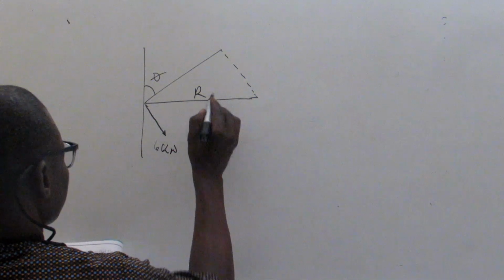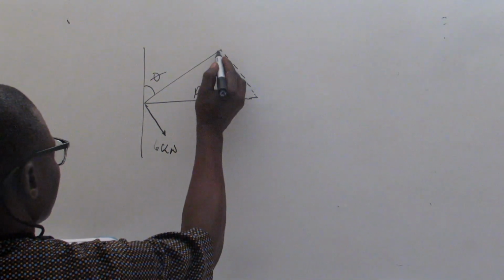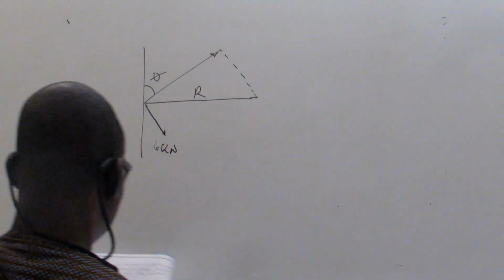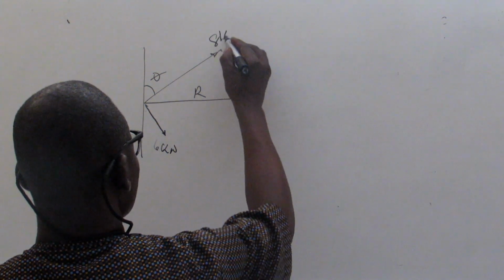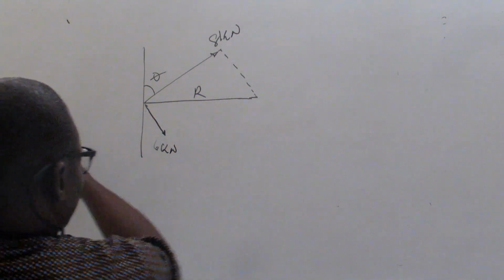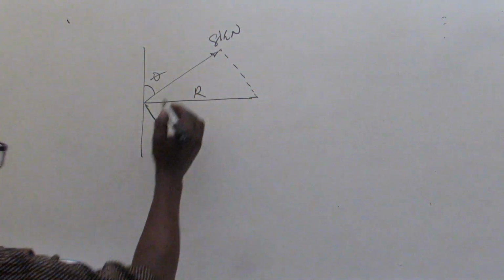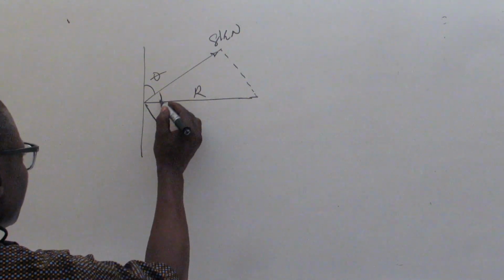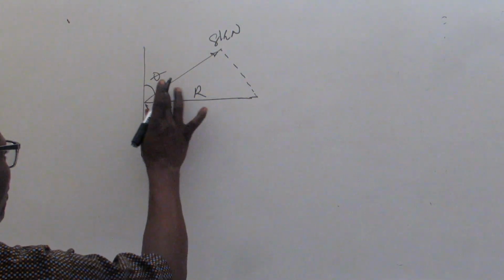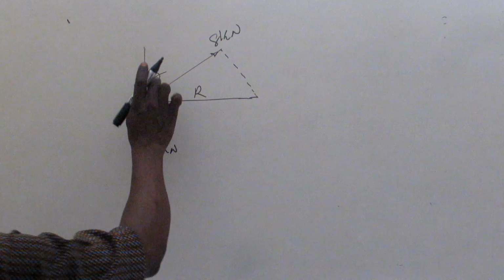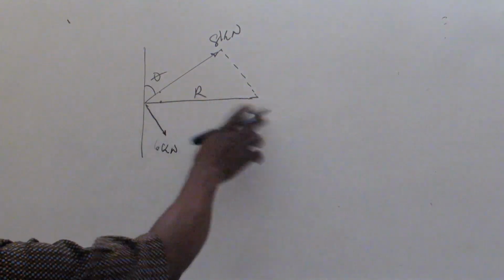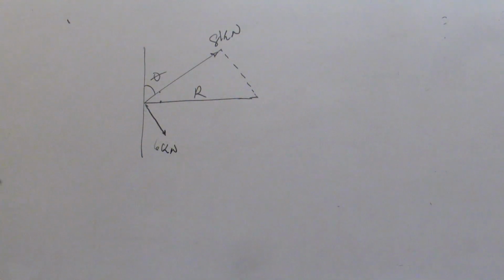We have this as our R. We have this as our 8 kilonewton. The resultant is acting directly through the horizontal line to here, which means the value of this angle is known. Okay, it's not known. We are asked to determine this angle and the magnitude of this.